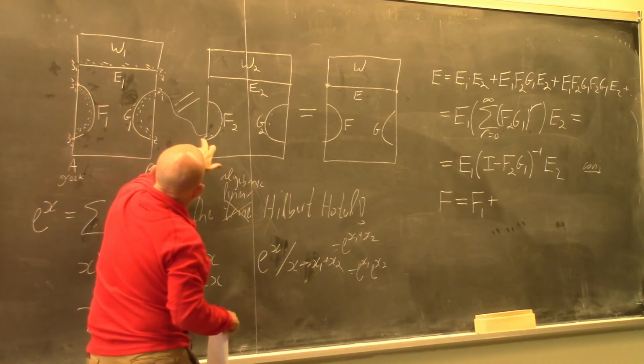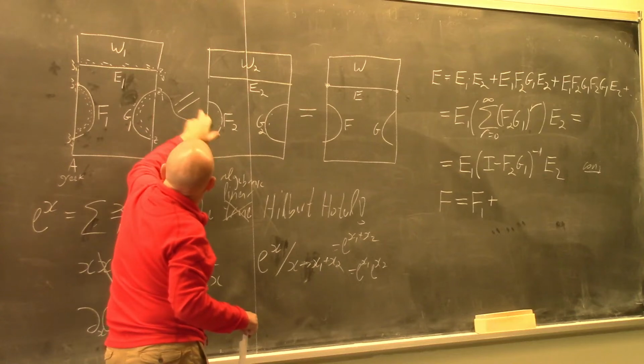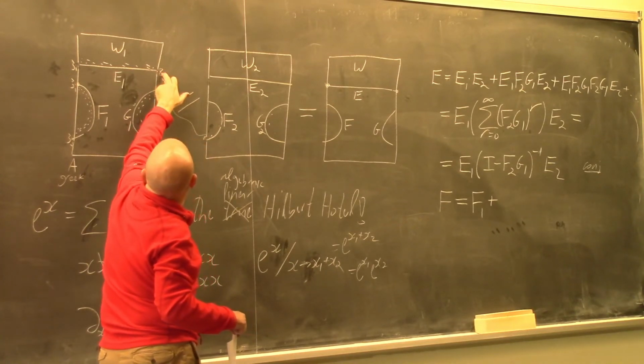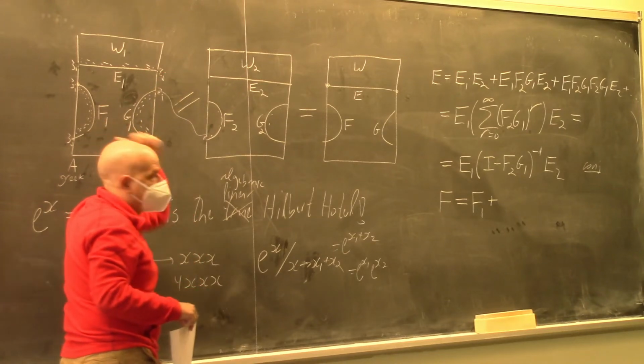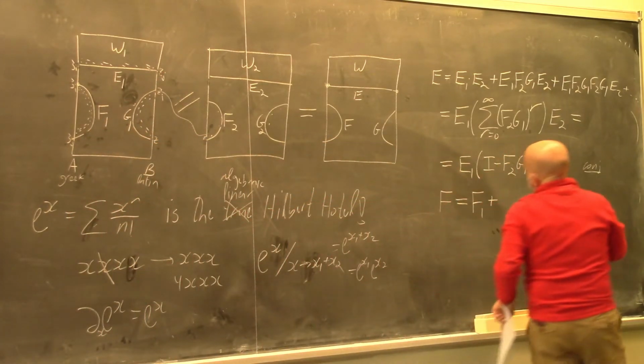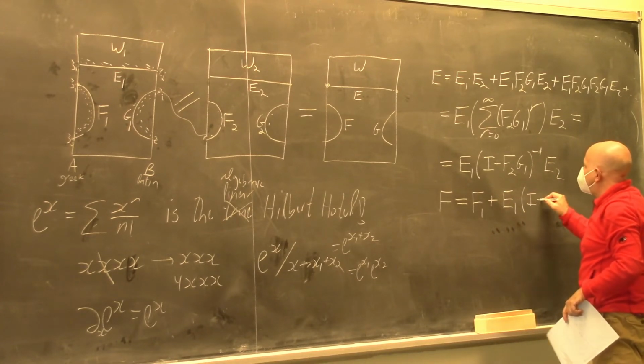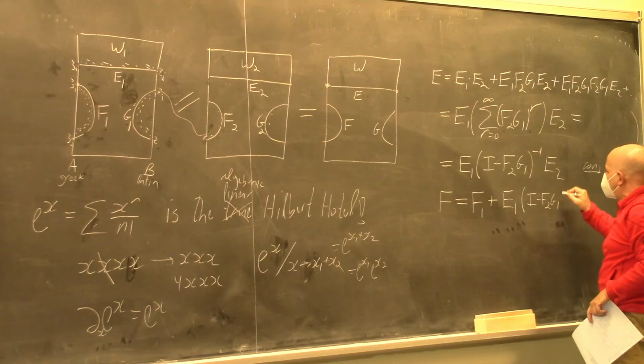So in other words, one of the F's at the end will be, instead of connecting to a G, will connect back again to an E, and I'll be heading out. So this will be E1 (identity minus F2 G1) inverse.